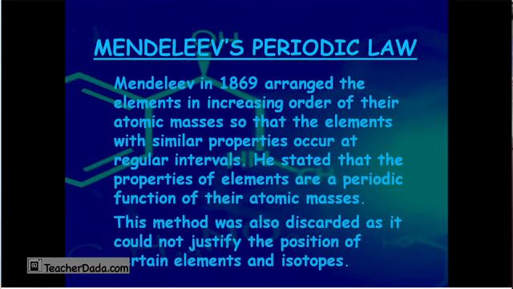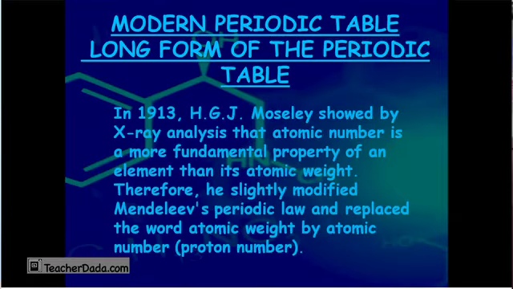Though he was a brilliant scientist and he has given a brilliant arrangement of elements in the table, but this table was not 100% satisfactory. Therefore, it was as good as discarded and a new periodic table was made, which is known as modern periodic table or the long form of the periodic table.